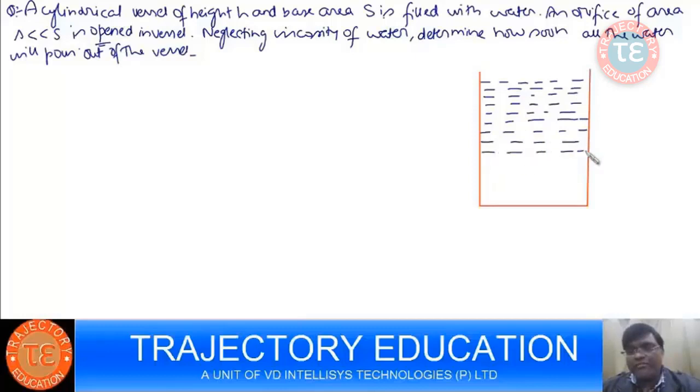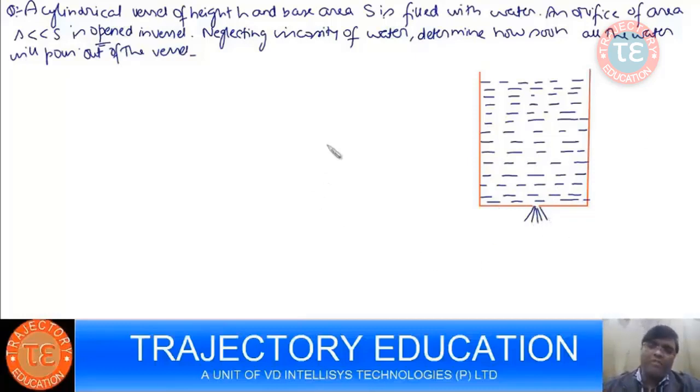Okay, this is the water. And we have an orifice over here. So water is coming out. Say it is H. So H is the height of the vessel, right?